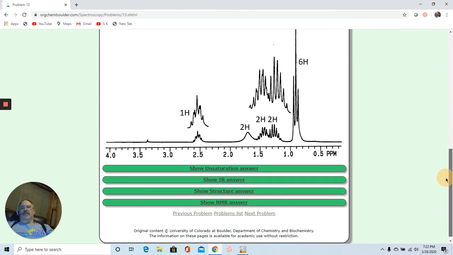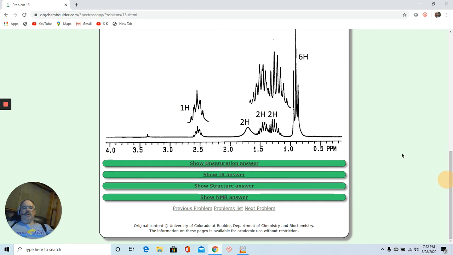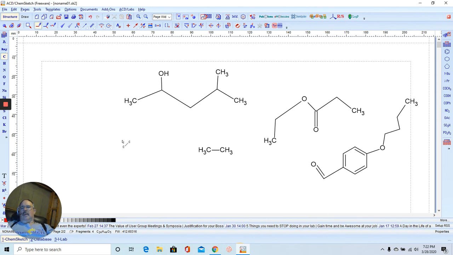Okay, and there's actually not that many isomers of this formula. Okay, we can rule out several of them.